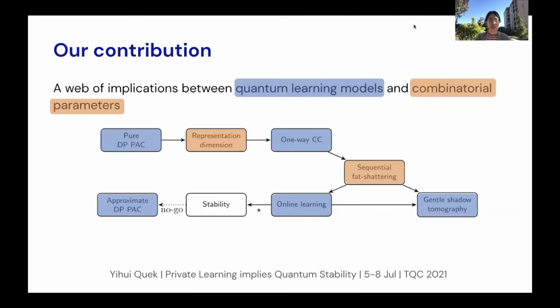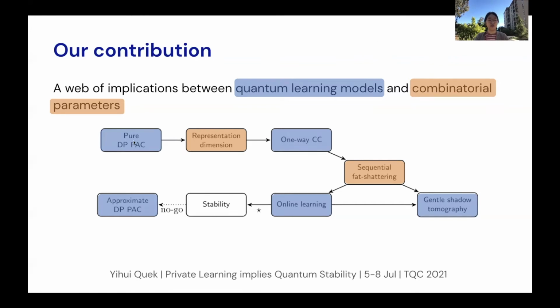So our contribution is a web of implications between quantum learning models in blue and combinatorial parameters in orange. And we can understand this web by looking first at the two models. This web is bookended by the two models that we talked about.